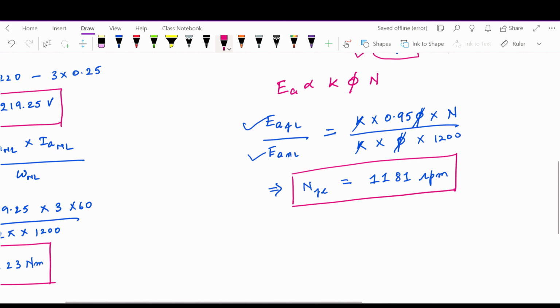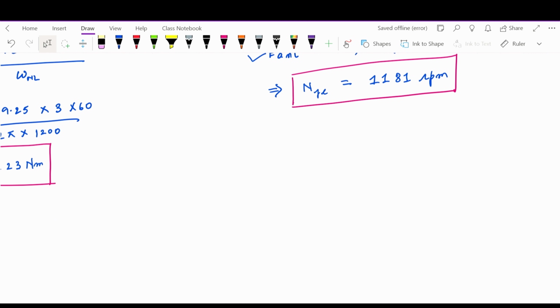So the torque at full load is equal to EA FL IA FL by omega FL.